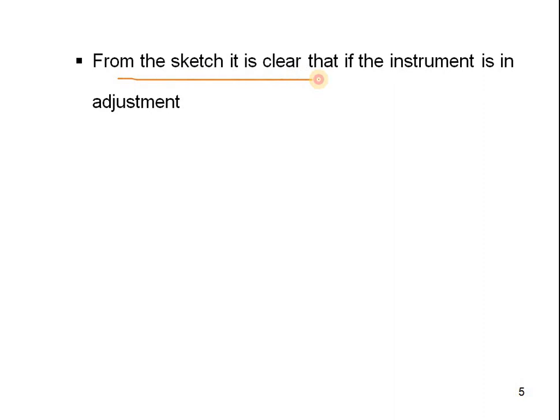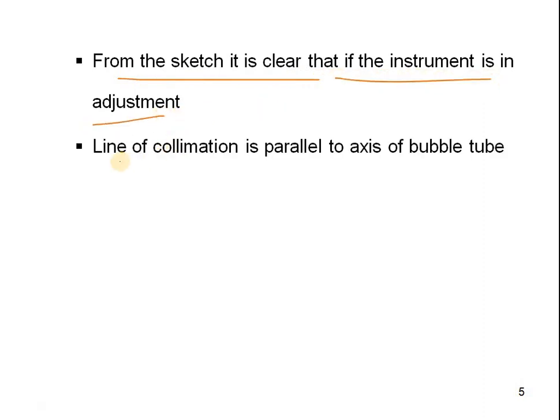From the sketch it is clear that if the instrument is in adjustment, the line of collimation is parallel to the axis of bubble tube. That means when the temporary adjustments are done after setting the instrument, the bubble tube will be at the center of the telescope, and the plumb bob will be in the center.